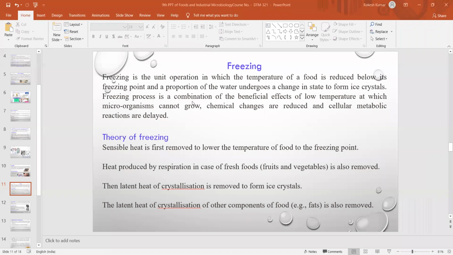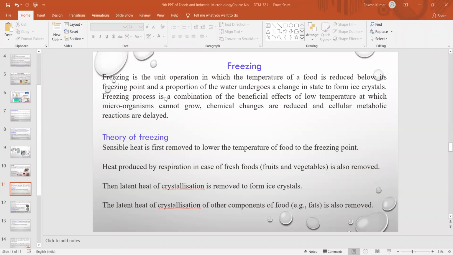Now, freezing, the most important thing, which is used in so many food industries. Freezing is a unit operation in which the temperature of a food is reduced below its freezing point, and a proportion of the water undergoes a change in state to form ice crystals.